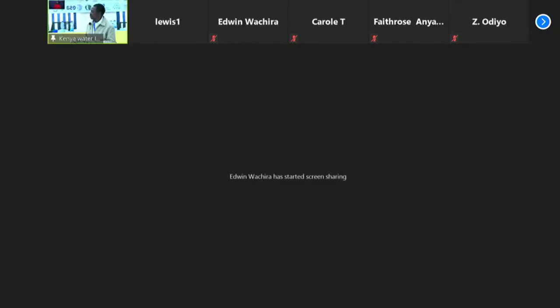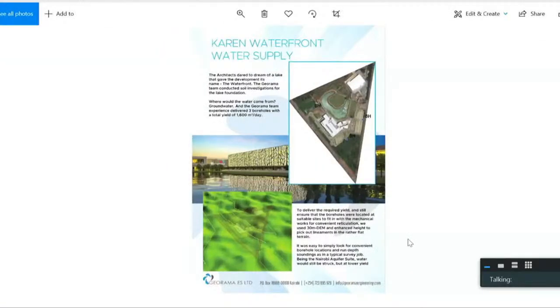The other, sorry, can you show the next one? Yeah, that's Current Waterfront. They had to develop a lake as part of the development, okay? So we did site investigations for the lake, and then again had to find enough water.